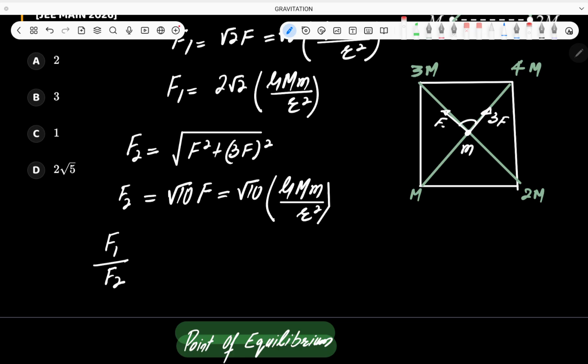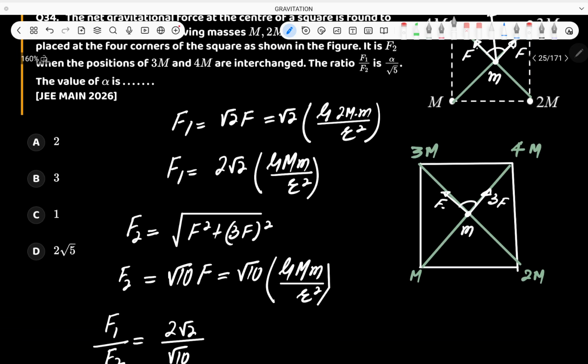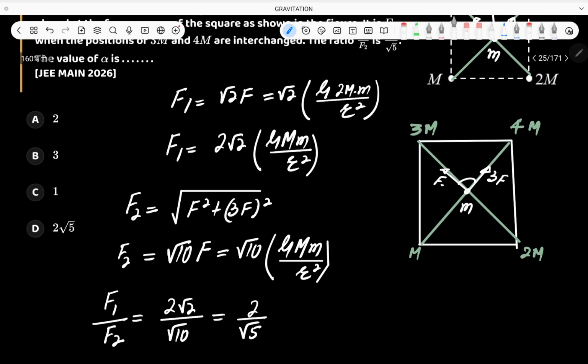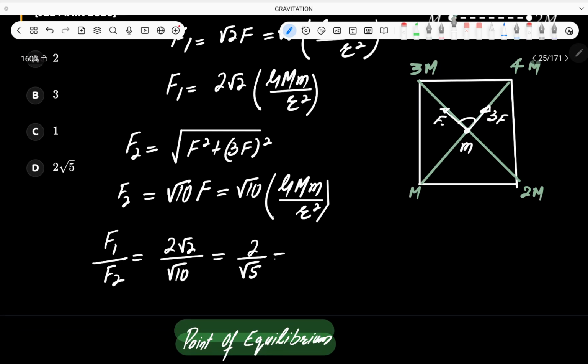That will disappear and we are left with 2 root 2 divided by root 10. Is that clear? Now root 2 by root 10 is obviously 1 by root 5, so this is 2 by root 5. Now it is given in the question that the value is alpha by root 5. So easily we can guess the value of alpha is equal to 2.